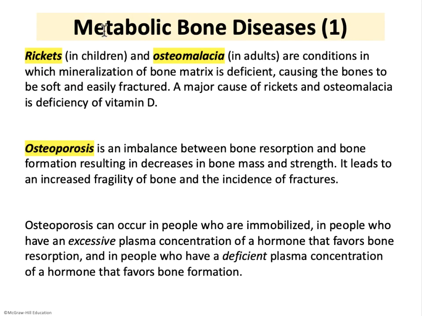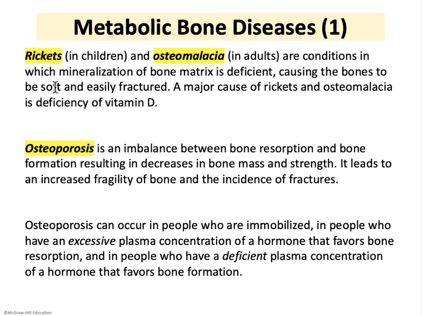The next few slides talk about metabolic bone diseases and other types of diseases manifest by a disturbance in the chemistry of the body. So rickets in children and osteomalacia in adults are conditions where the concentration of mineral in the bone is affected. In both these cases, it's deficient.